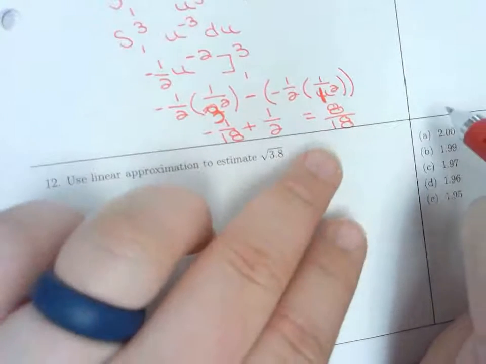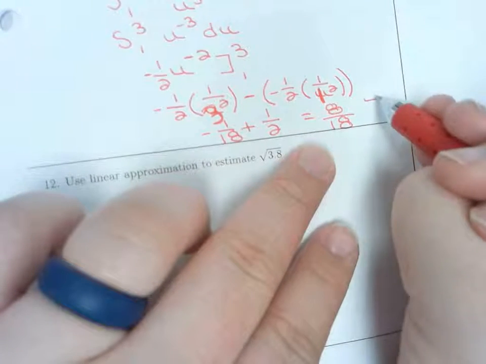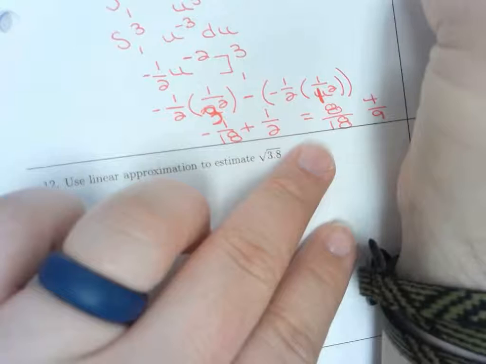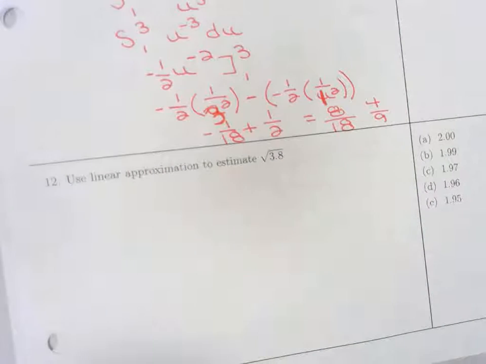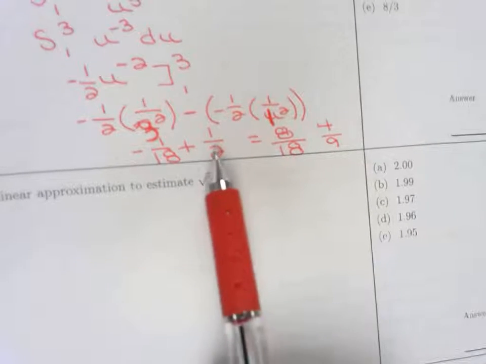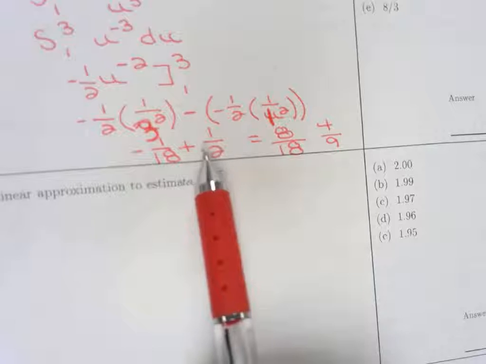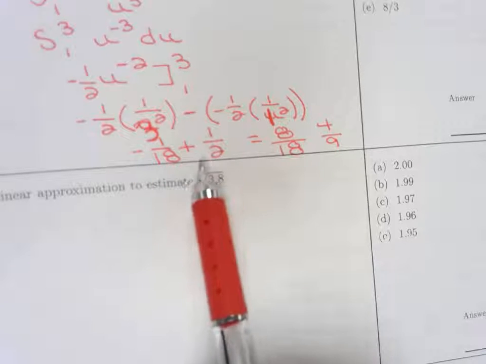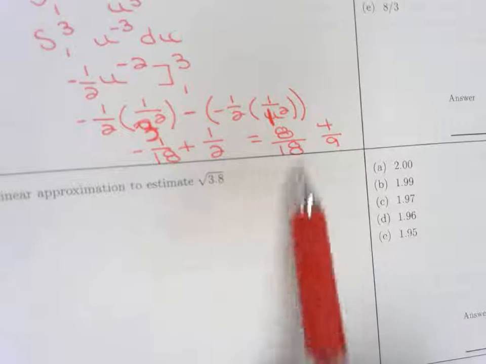Maybe reduce. 4/9. Which is right. I made 1/2 9 over 18, so negative 1 over 18 plus 9 over 18 is 8 over 18, and then divide by 2.